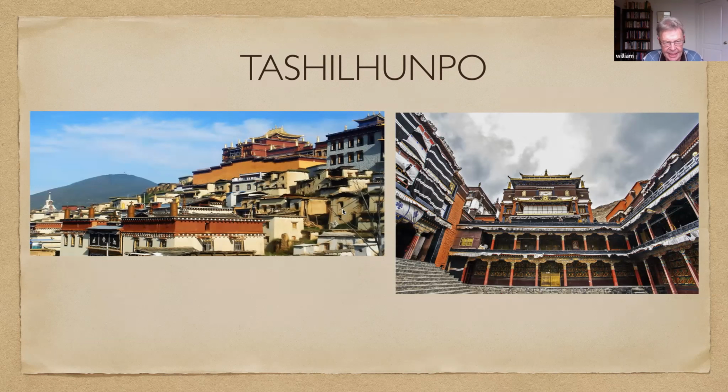We actually have an account written by one Captain Samuel Turner, a British officer of the East India Company, who visited this monastery back in the 18th century. He described it in the following terms.